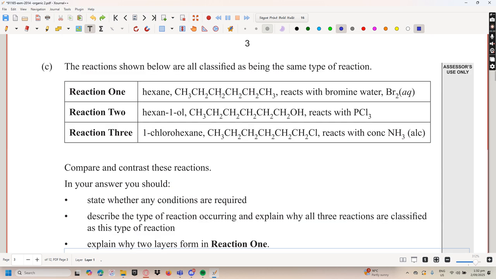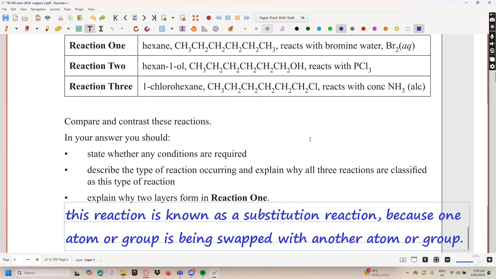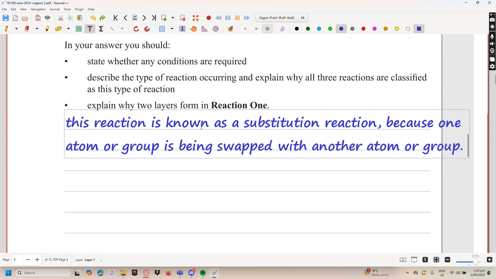So, in all three cases, if you think about it, this reacts with bromine water, hydrogens will go and be replaced with Br. If this guy reacts with PCl3, the alcohol group is swapped with a chlorine group. And when this guy reacts with ammonia, the chlorine group is swapped with an NH2 group. HCl is driven off. So they're all substitution reactions.